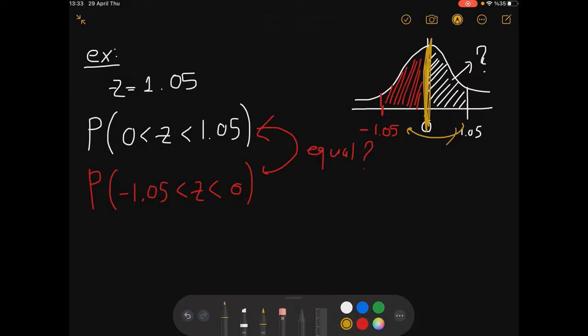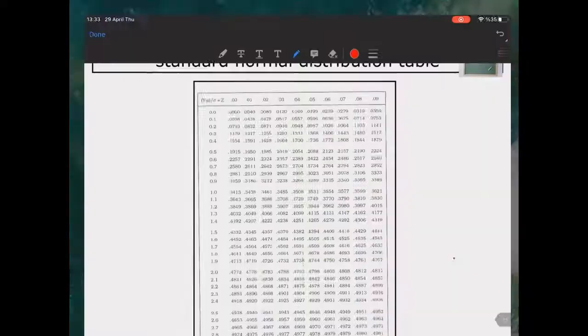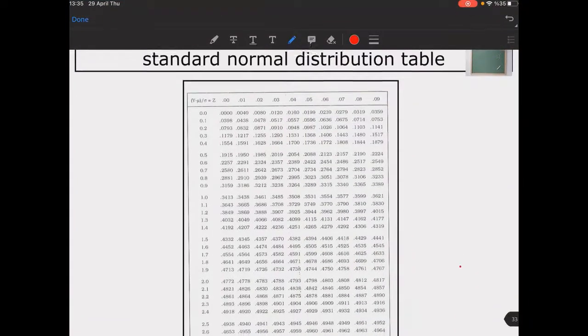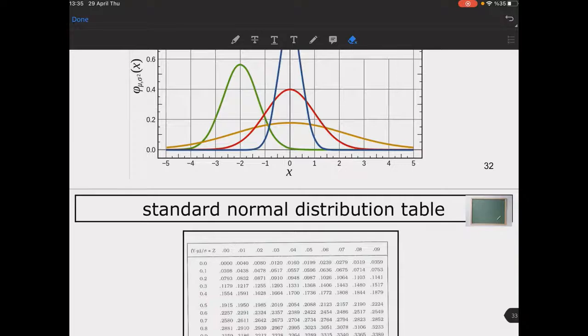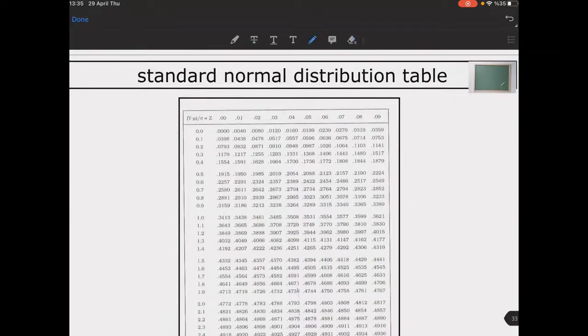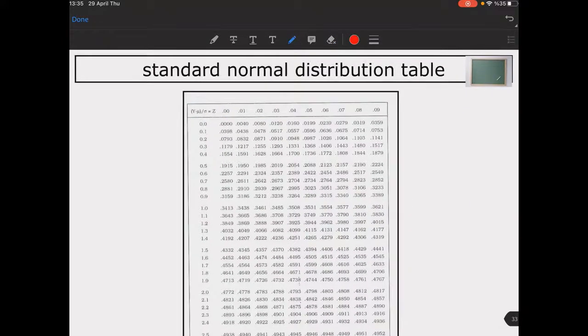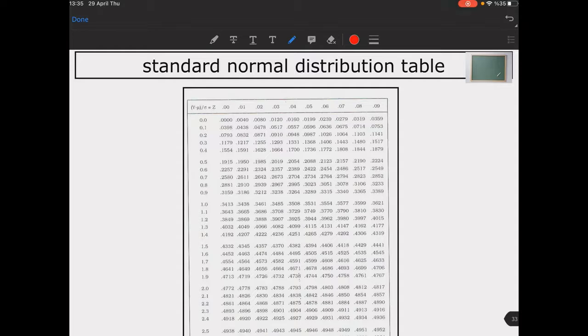So if we take a look at this particular number here, 1.05, let's go to our very convenient table. You have this in your textbooks as well, or you can find it on the internet. There are many of those standard normal distribution calculation tables, which makes life happier for us.